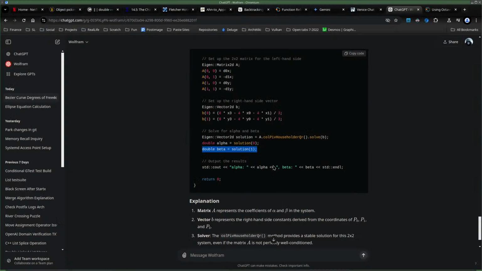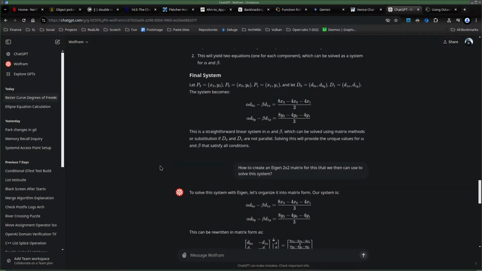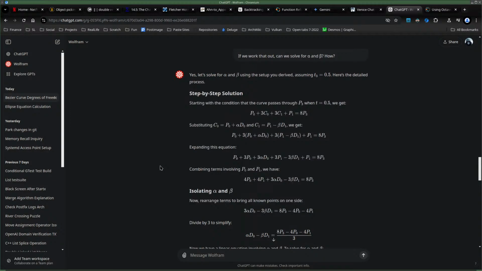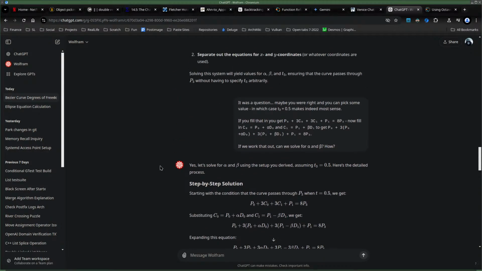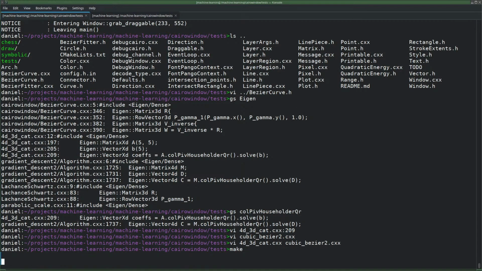Well, that was the C0 and C1 that we had, defined somewhere. Yeah. And there. Let's see if it compiles. Magic, compile.